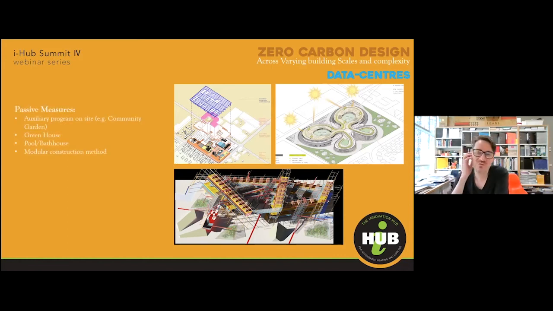And some of the passive measures, we realized very early on that our options are quite limited really within the building, because they typically have a very prescriptive, very function-driven layout. But it was looking into creating a generation of auxiliary programs that would provide community benefits.